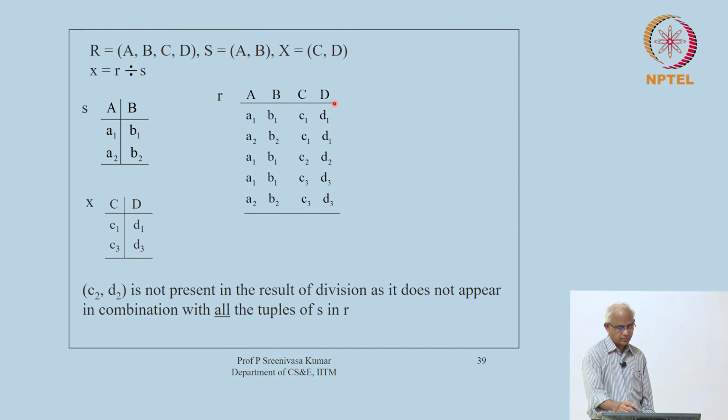Have a look at the example again if you want. So the result is R minus S, which is CD and so on. So C2 D2 is not present in the result of the division, as it does not appear in combination with all the tuples.